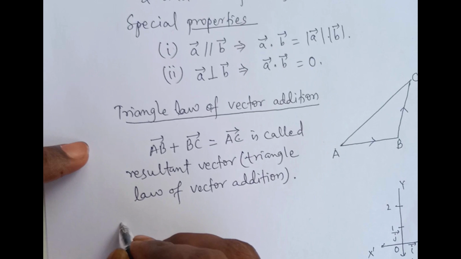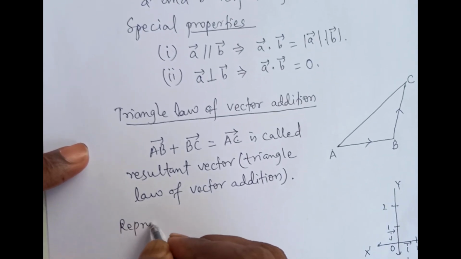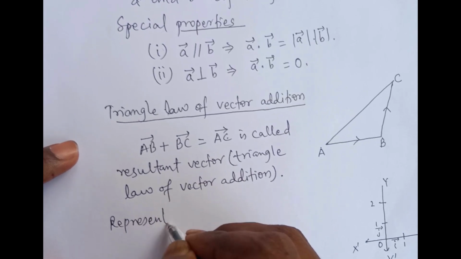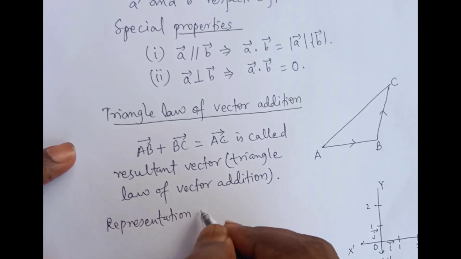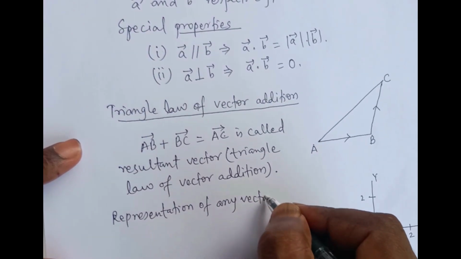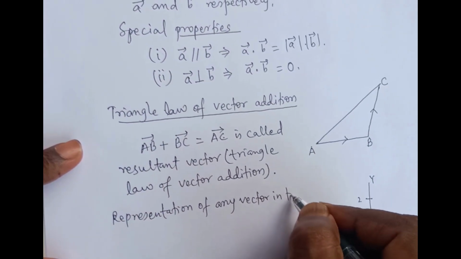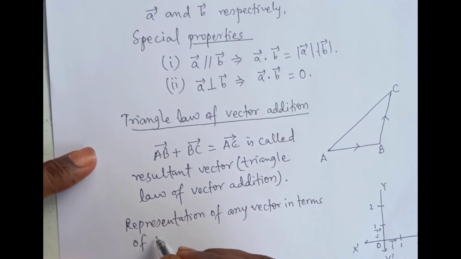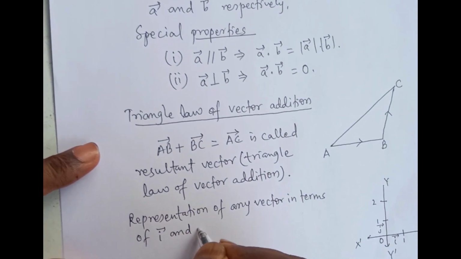Now the another representation of any vector is in terms of i and j.